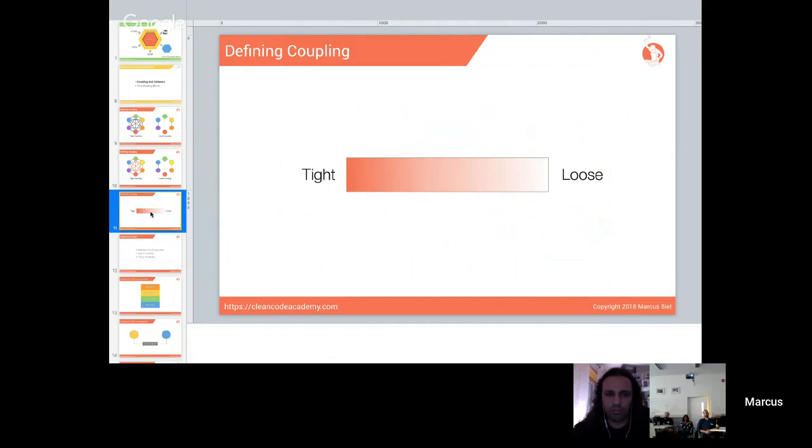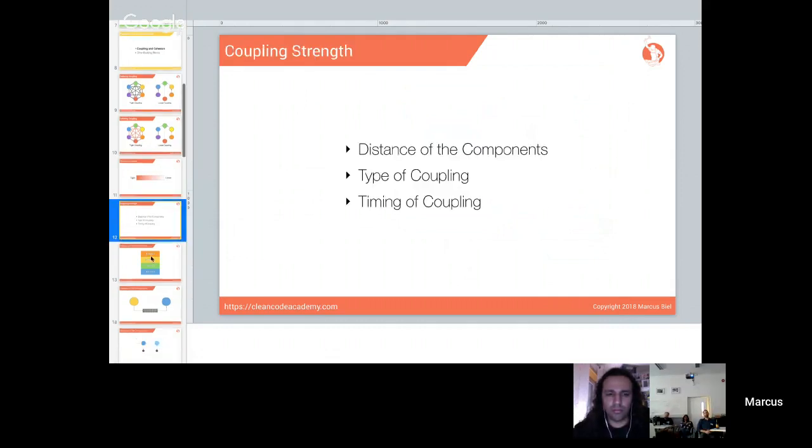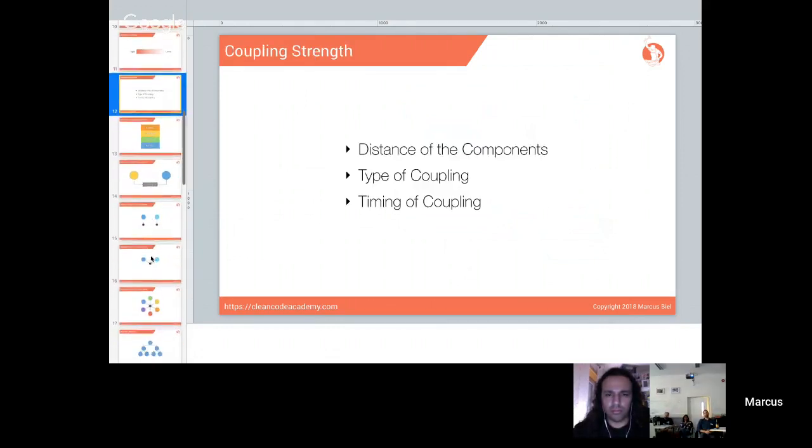So now when it comes to the strengths of the coupling, I really have spent a lot of time on that. There are, let's say, 1 million factors that influence the strengths of the coupling. And obviously the time is not enough to talk about all of these here.